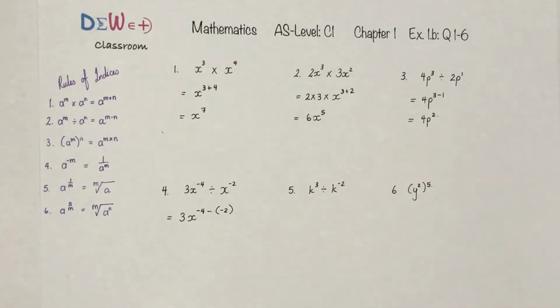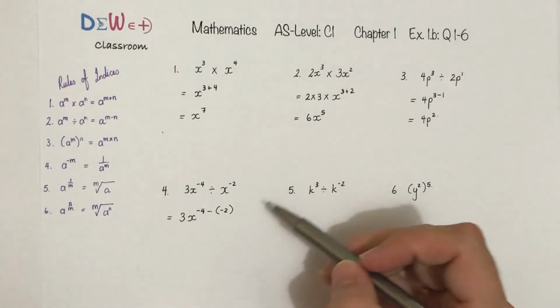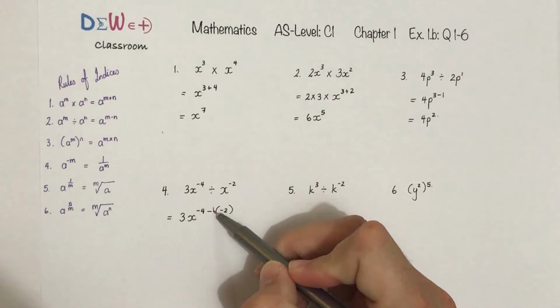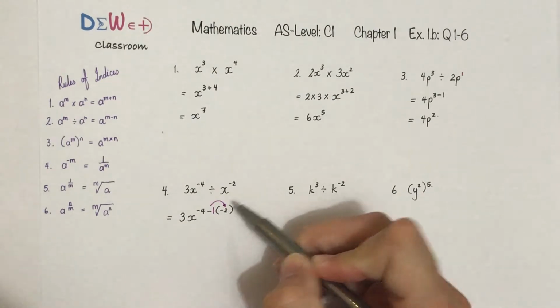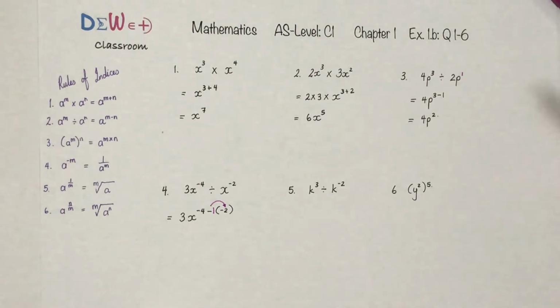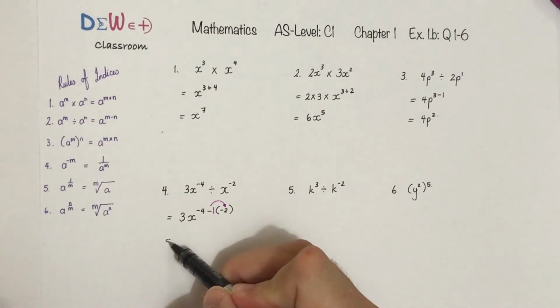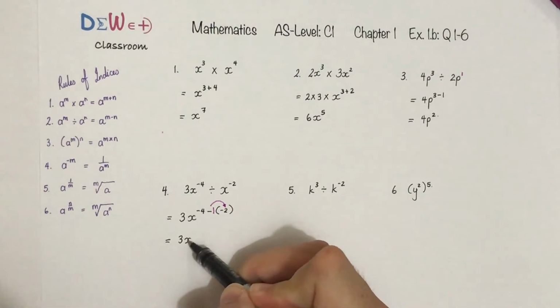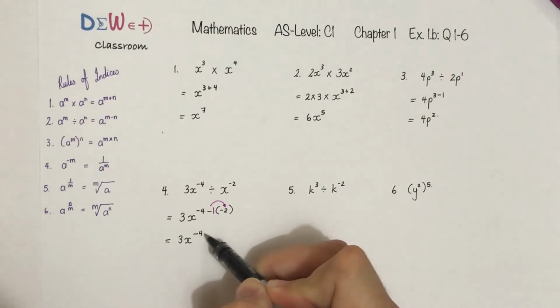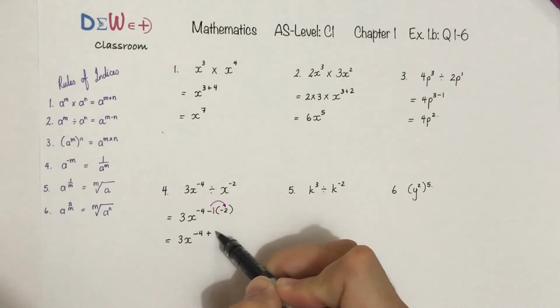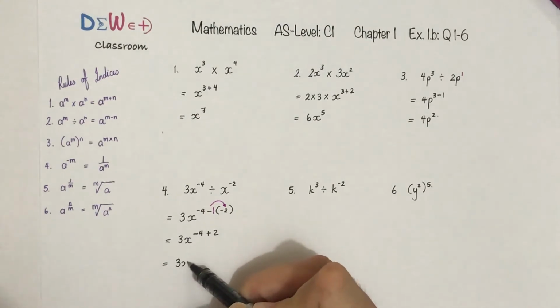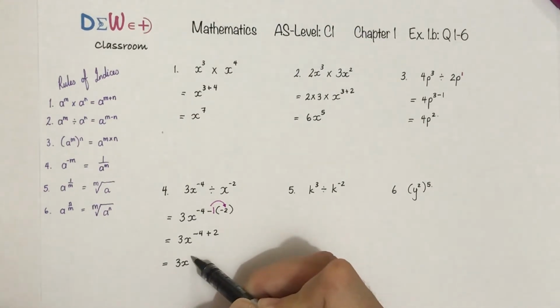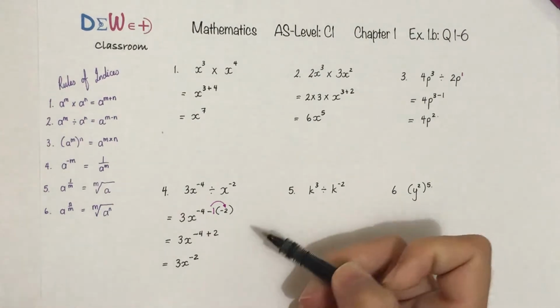And just like with previous mathematical problems, this is a minus 1, and it needs to be multiplied into your brackets. So this gives us 3x, minus 4 plus 2, resulting in our answer 3x to the power minus 2.